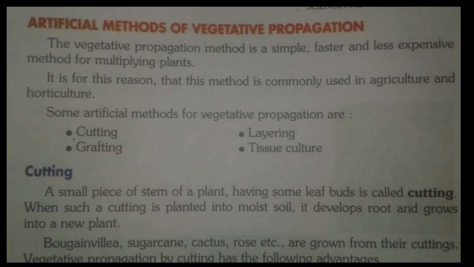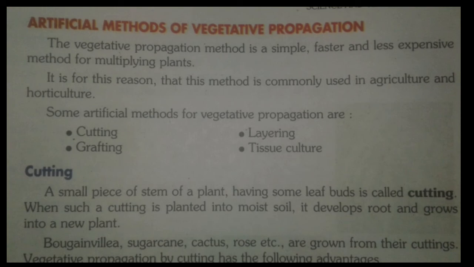Let's talk about the last topic of vegetative propagation, that is tissue culture. In this method a small tissue is taken from the top of a plant and is placed in an artificial nutrient medium containing hormones under aseptic conditions.